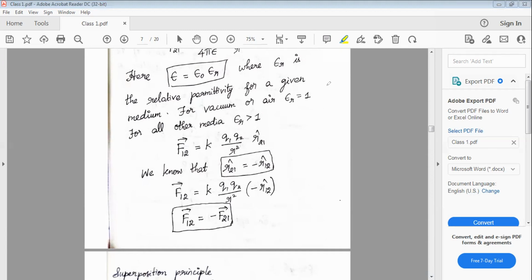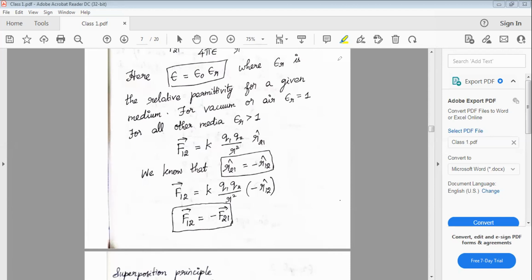Initially I talked about F21, the force exerted on charge 2 due to charge 1. Here I have written the equation for the force exerted on charge 1 due to charge 2. Here it is K into Q1 Q2 by R squared, the same formula, but the unit vector changes to R21.